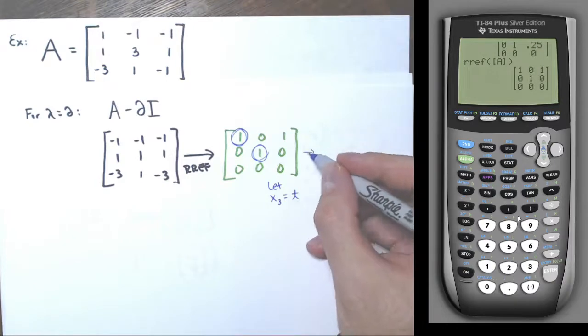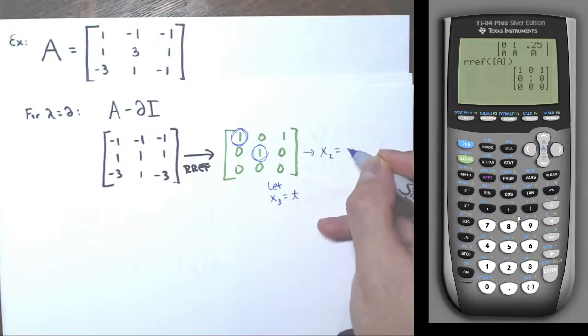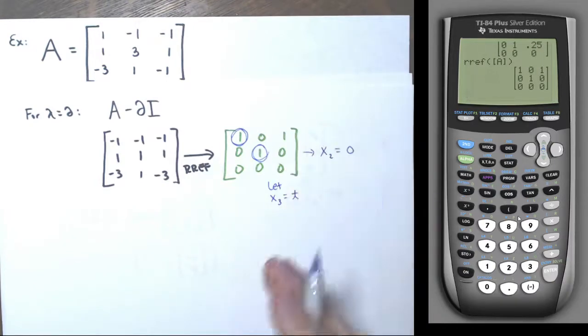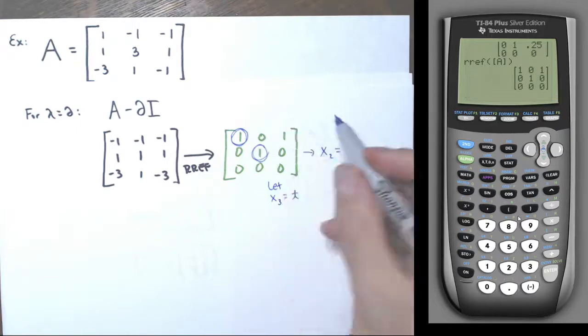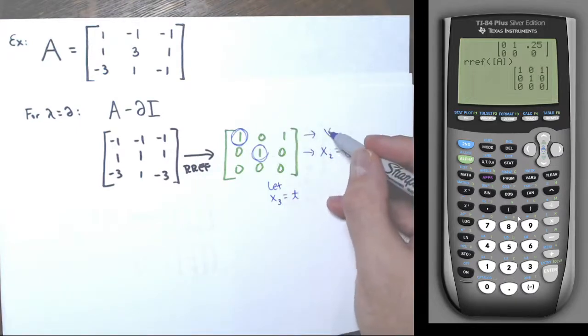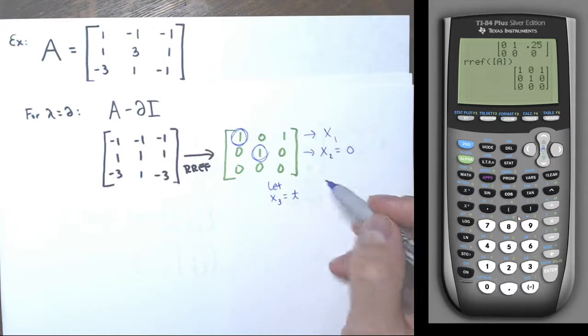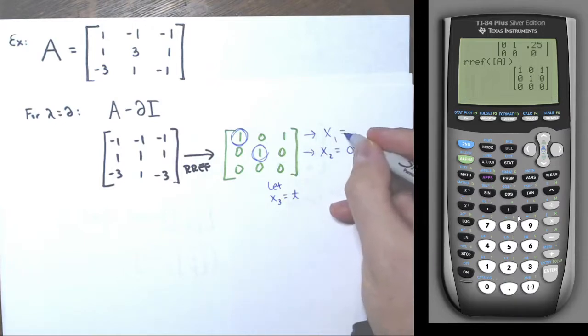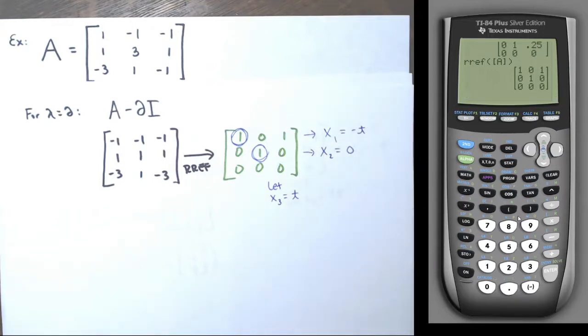And from the second row, we're seeing that x2 is always going to be equal to 0, again imagining the equals 0 on the other side. And then from the first row, x1 plus x3, so x1 plus t must be equal to 0. Subtracting t from both sides, you get x1 equals -t. So that's t times -1. x2 is t times 0, and x3 is t times 1. So -1, 0, 1 is a basis vector for the eigenspace.